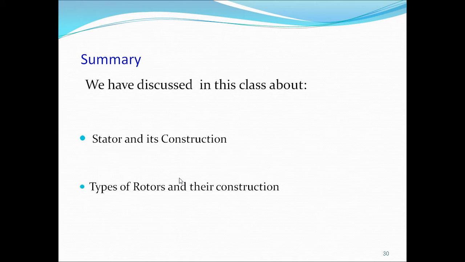In salient, the flux is not uniform, whereas in non-salient, the flux is uniform. So this is the construction and differences between rotors. What are the types of rotors? Salient and non-salient. That is the difference between the two rotors.